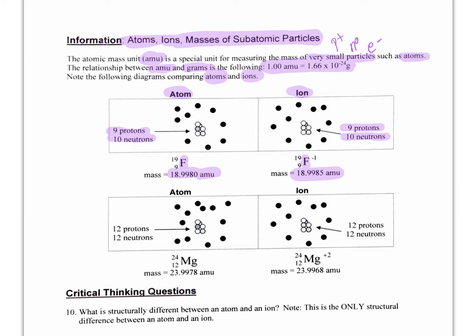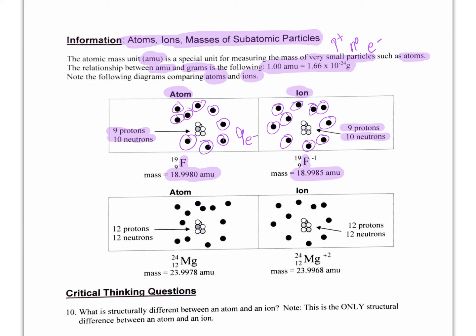So what changed? Let's count our electrons. We've got 1, 2, 3, 4, 5, 6, 7, 8, and 9. 9 electrons. Over here, we've got 1, 2, 3, 4, 5, 6, 7, 8, 9, 10.